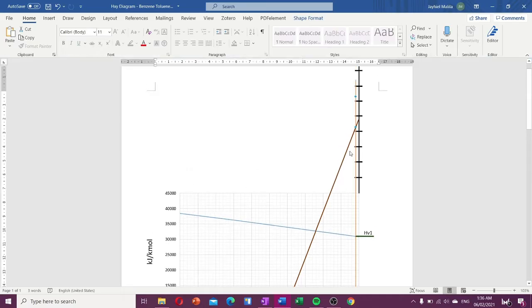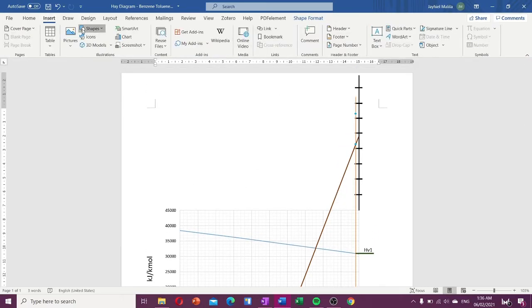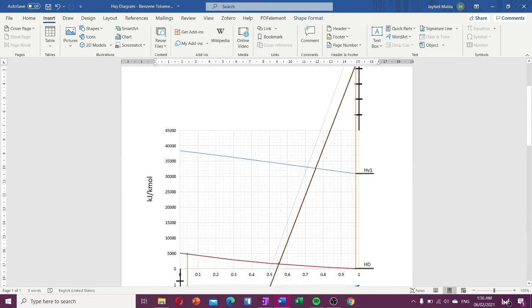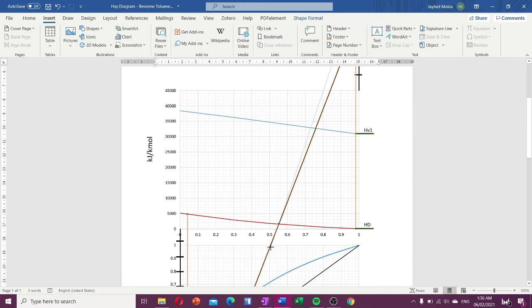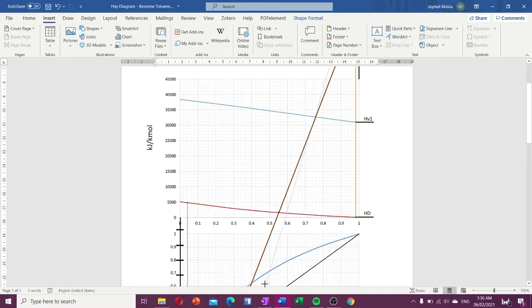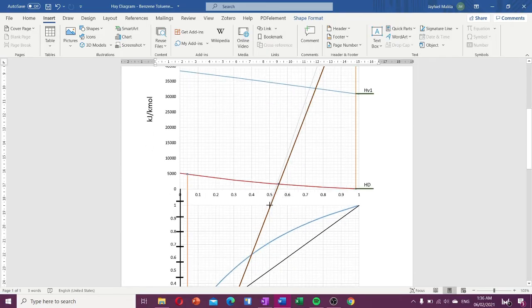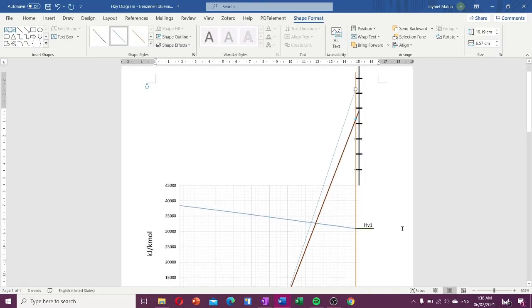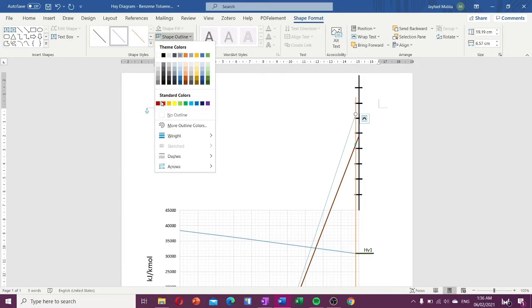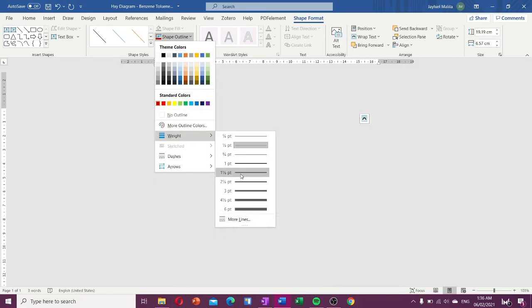So how are we going to do this? Easy. You just get a line, and then from the delta E, you find a way that you intersect the feed point here. I'll make this red, I guess. And then extend the width.